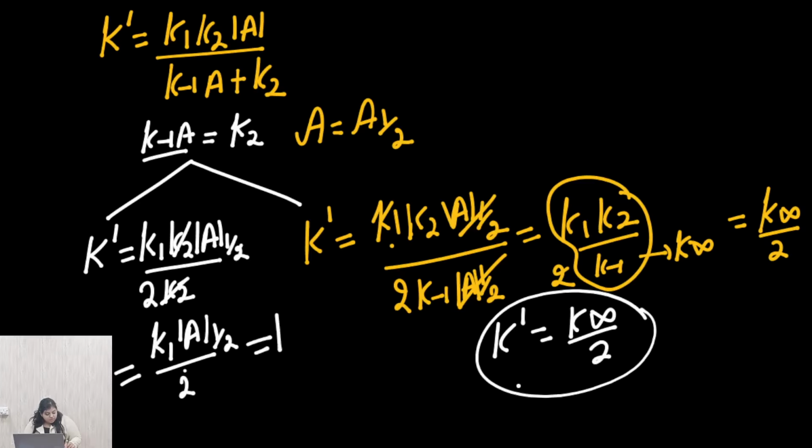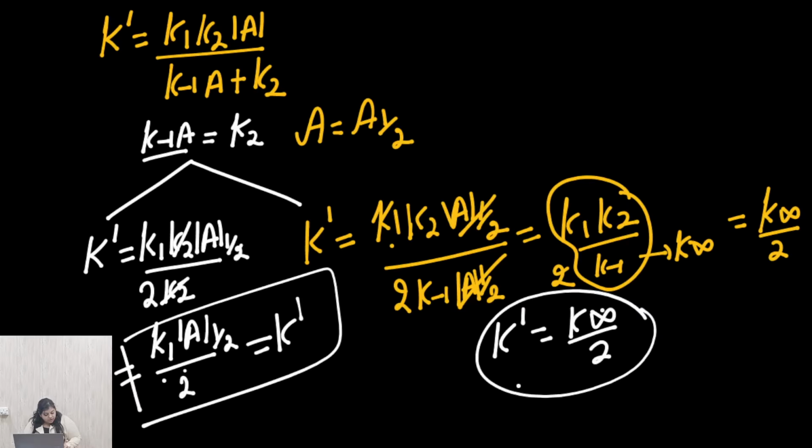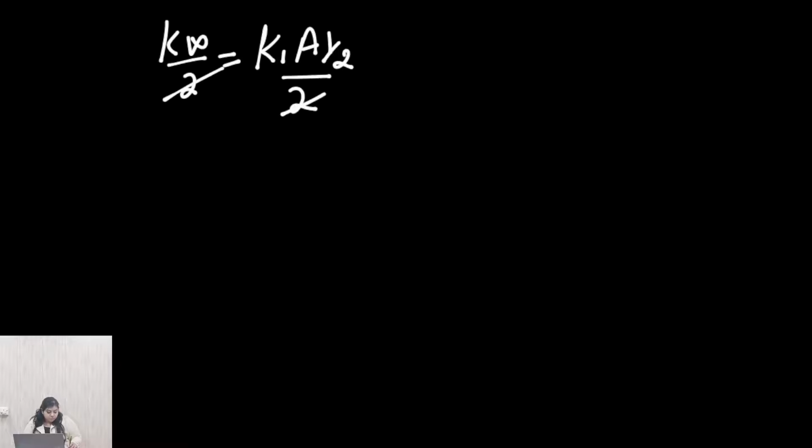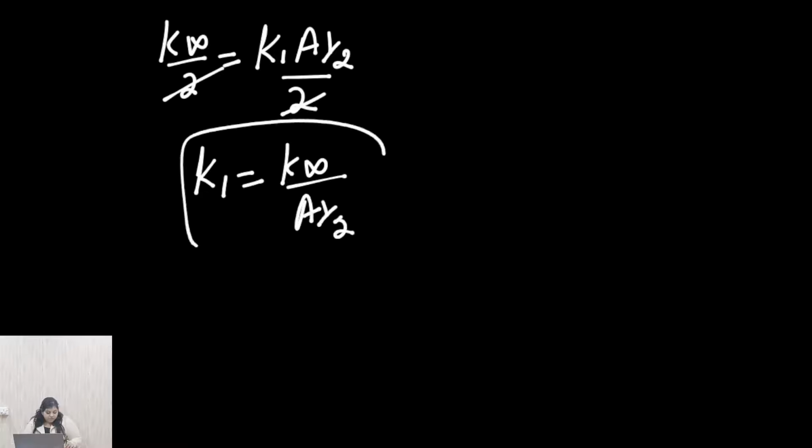So we will be getting K infinity by 2 equal to K1 times A half by 2, right? So this 2 and 2 will get cancelled out. So from here K1 will be equal to K infinity upon A half. This is the expression for K1.